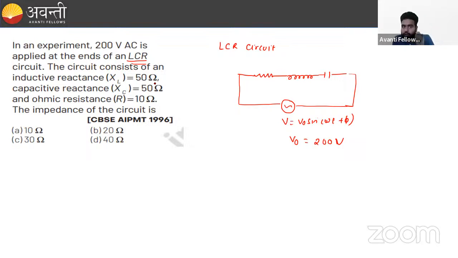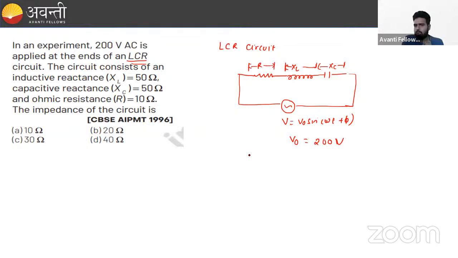Another piece of information given here is the inductive reactance. Always check the unit of the quantity given; in ohm, so this is the reactance. XL is given here, the value of XC is also given, and the value of resistance is also given.